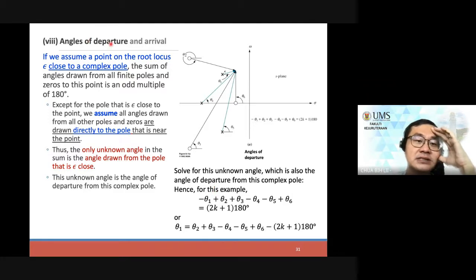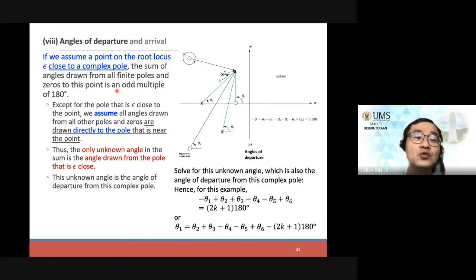This angle of departure and later arrival is referring to the root locus, where it will go, the direction of it. So again, we use the graphical method.